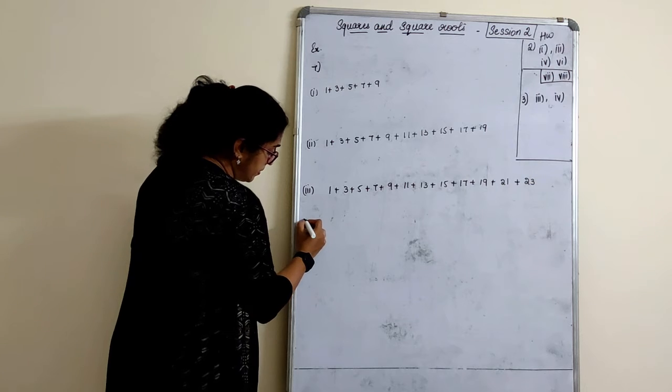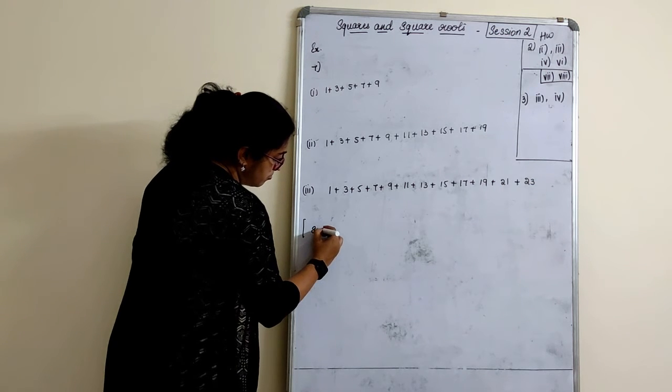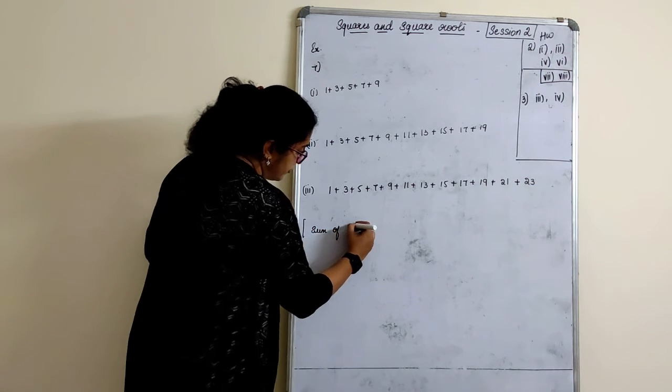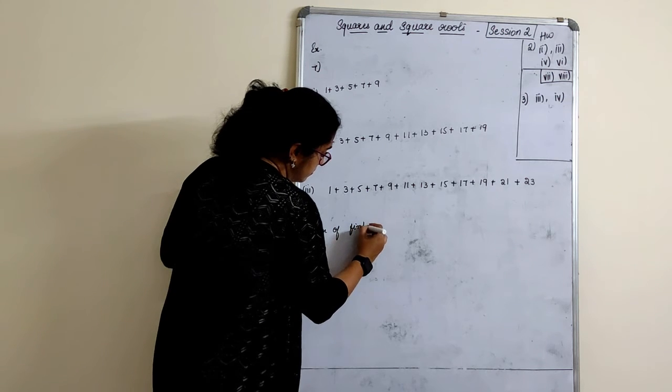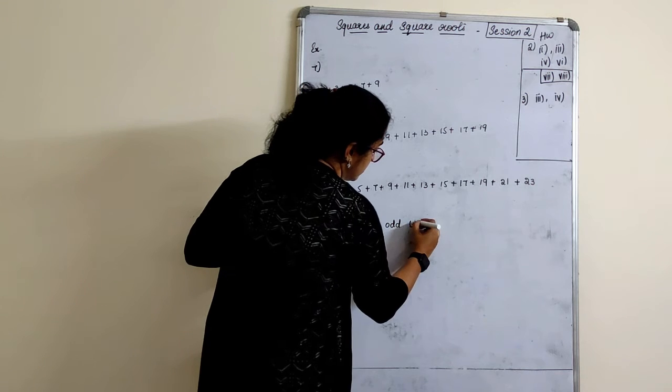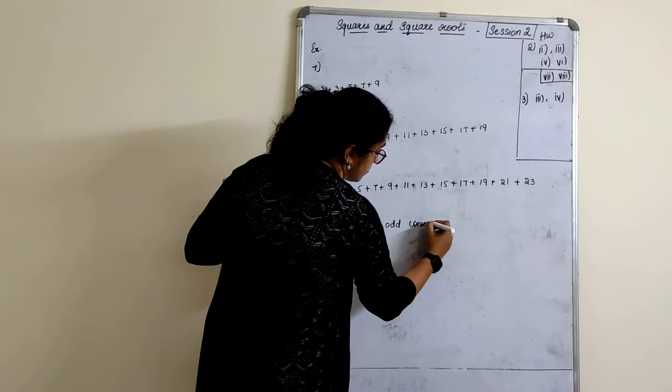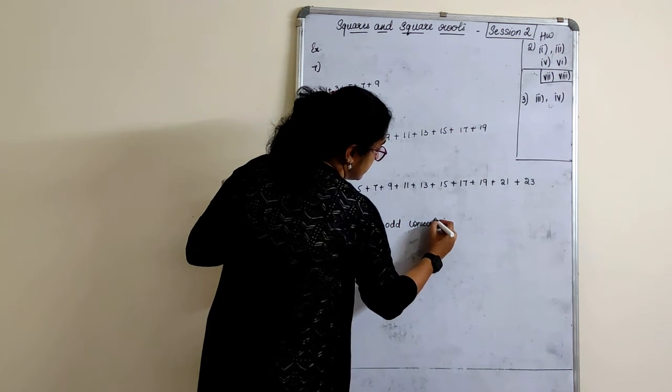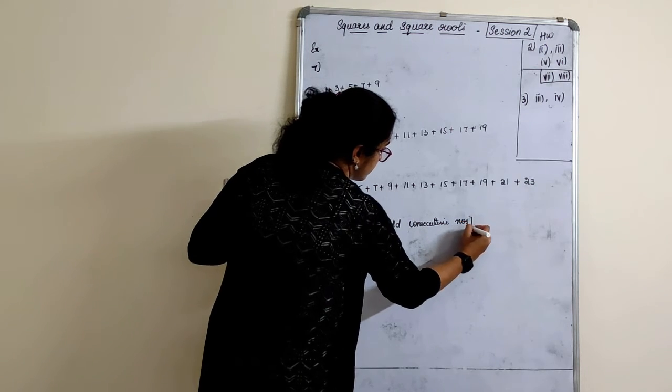These are nothing but the sum of the first n odd consecutive numbers, right?